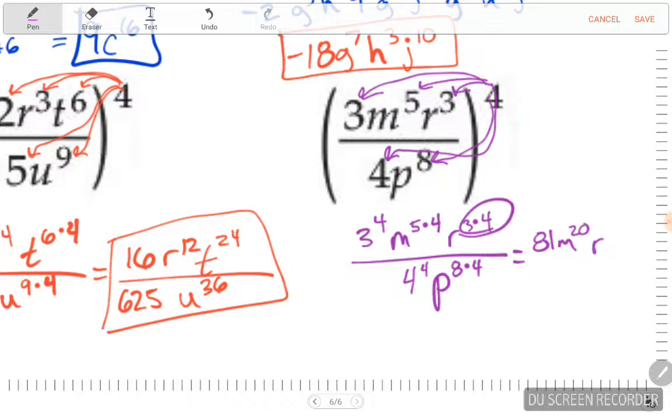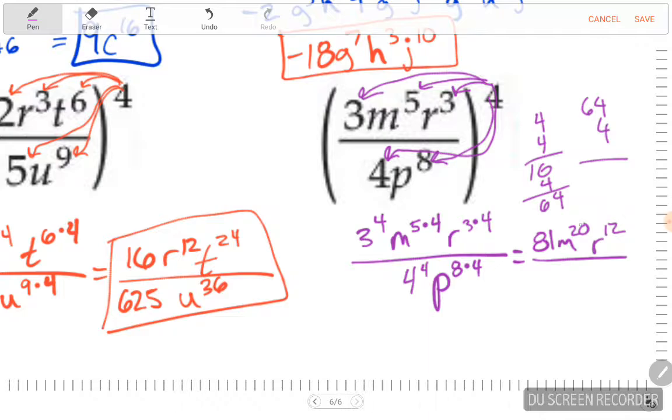R to the 3 times 4 is 12. 4 to the 4th, 4 times 4 is 16, times 4 is 64, times 4 would be 256. Let's go with that. Okay, so I've got 256, and then P to the 8 times 4 is 32. Whew.